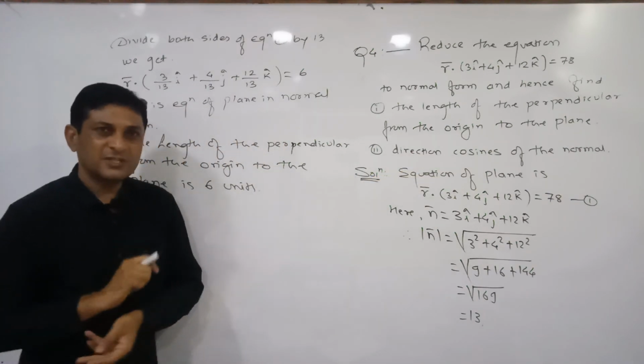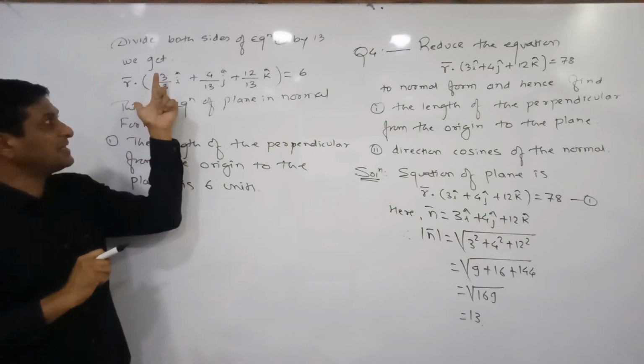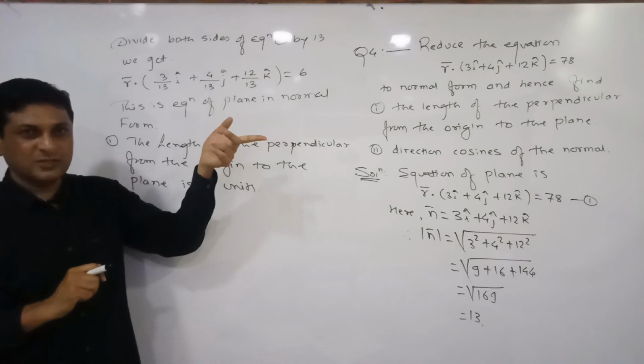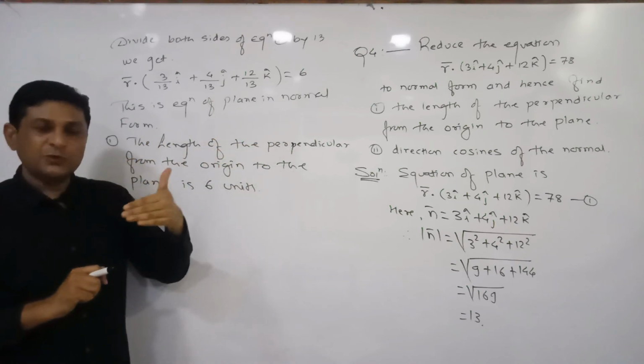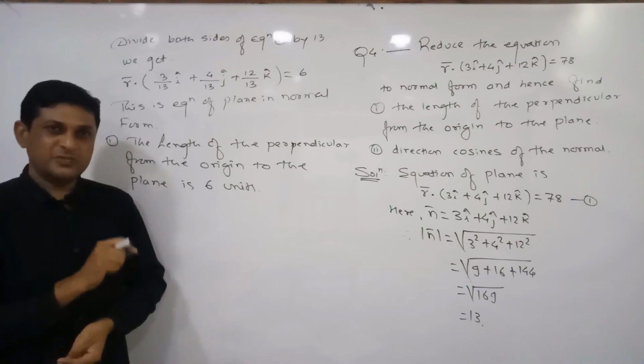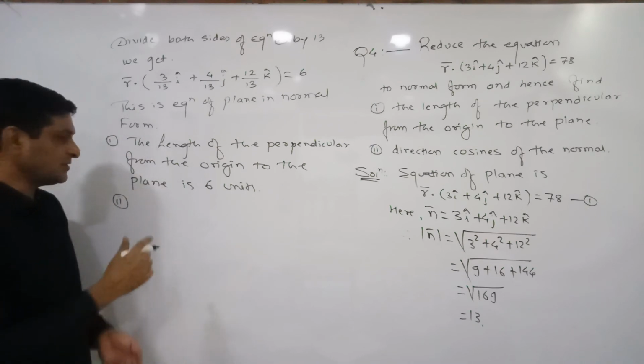Whenever the equation is in normal form, the coefficients of i cap, j cap, k cap give the unit vector along the normal. And we know that if the unit vector along a line is given to us, the coefficients of i cap, j cap, k cap are nothing but the direction cosines.